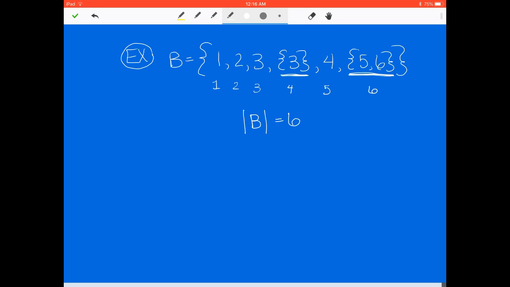So why are there only 6? Well, this set 3 right here, it is a set, and this is also a set.